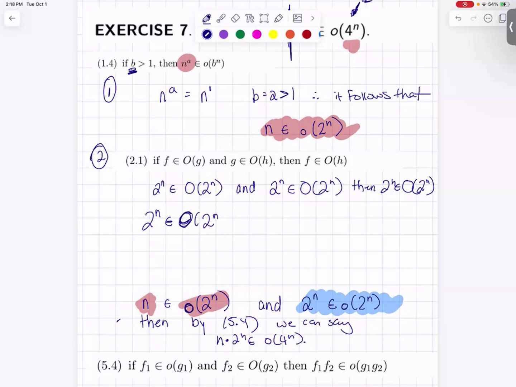There's nothing else to it, so that makes sense. And so we have 2^n in big O of 2^n.